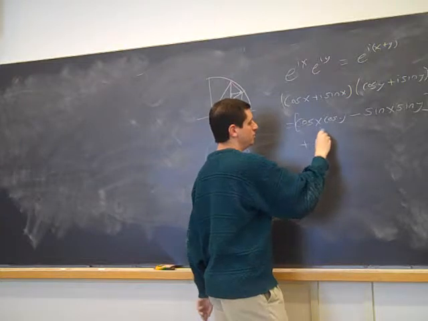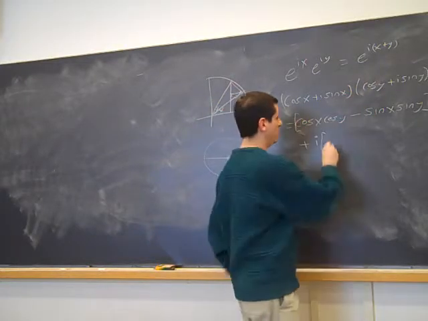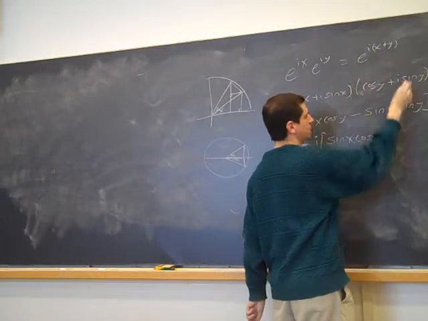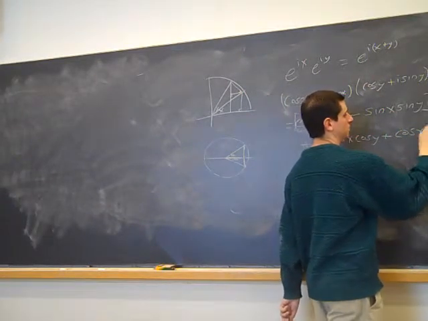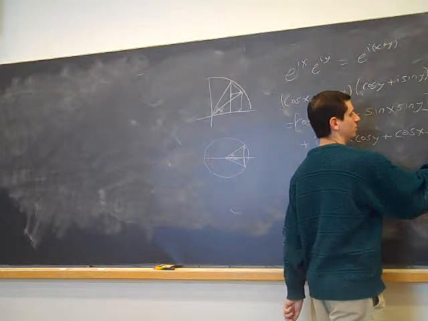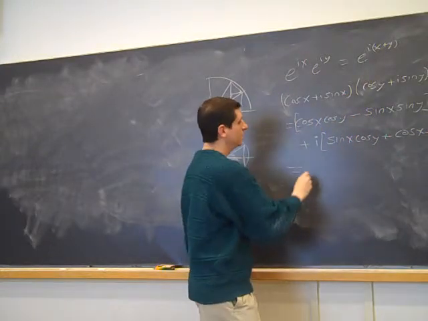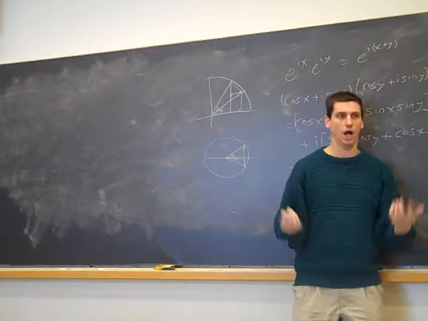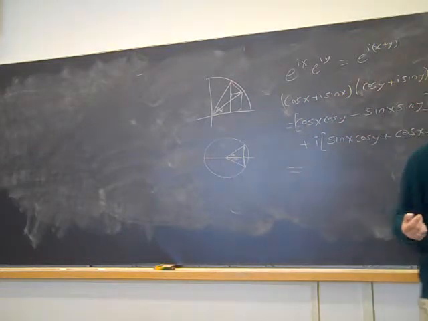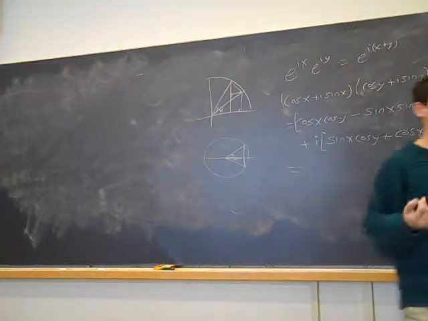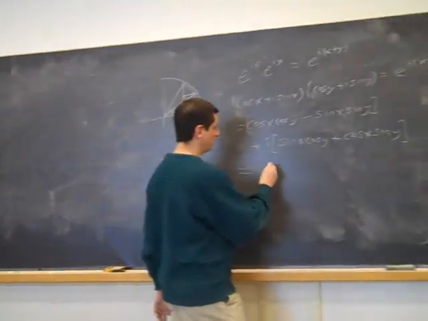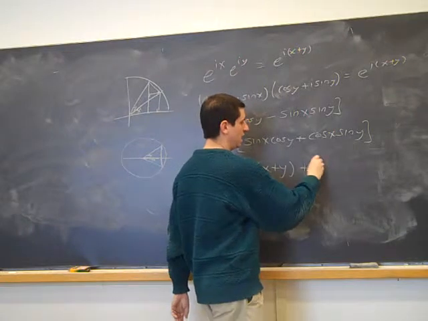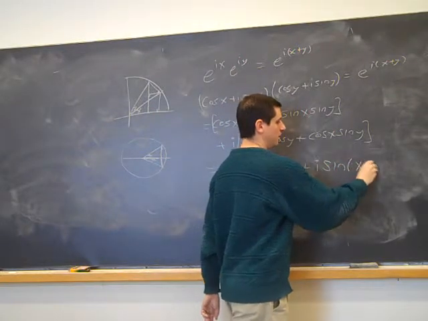Now I have the two imaginary terms, sine x cosine y and cosine x sine y. I'm just using FOIL. But this is equal to e to the i(x plus y). e to the blah is cosine blah plus i sine blah. All I have to do is plug in x plus y, and I get cosine of x plus y plus i sine of x plus y.